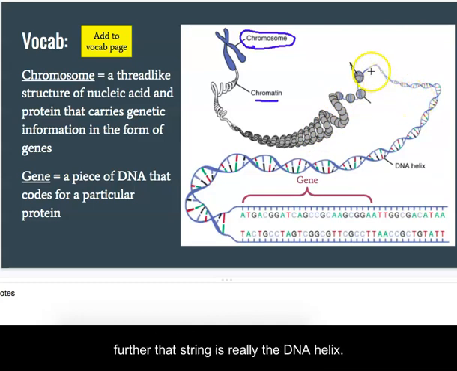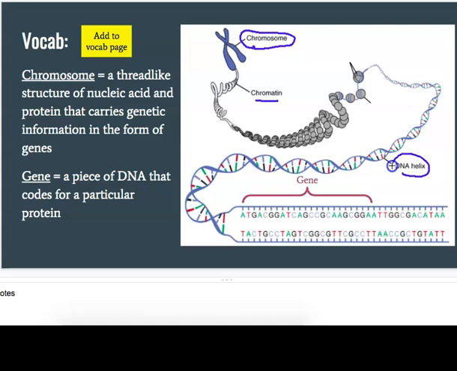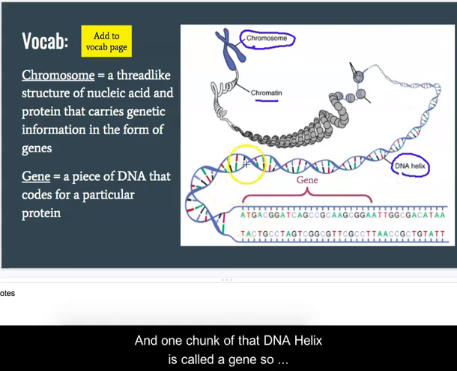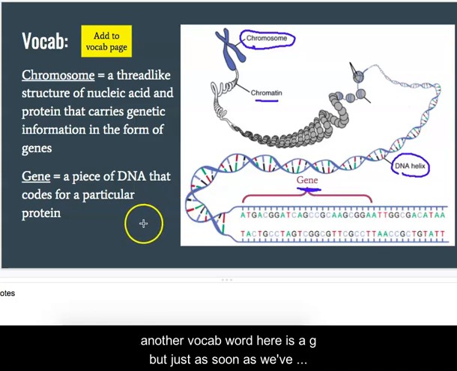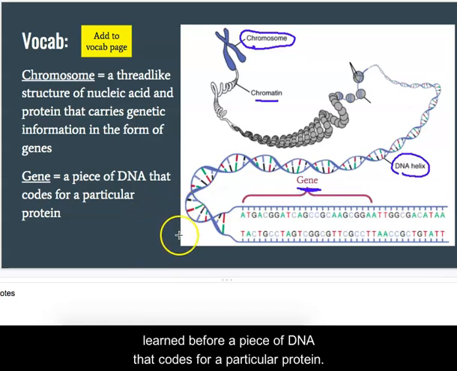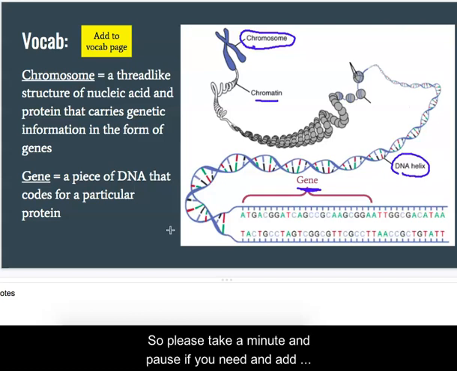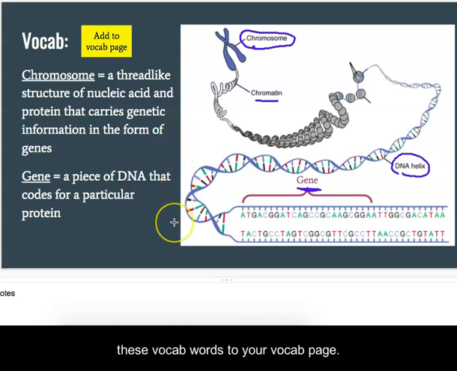And if you zoom in further, that string is really the DNA helix. And one chunk of that DNA helix is called a gene. So another vocab word here is a gene, which is just, as we've learned before, a piece of DNA that codes for a particular protein. So please take a minute and pause if you need and add these vocab words to your vocab page.